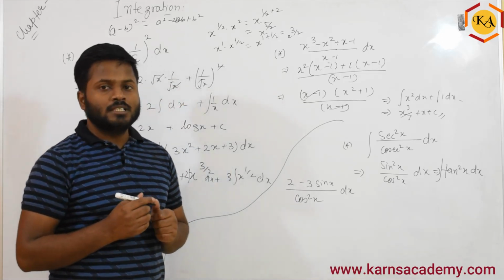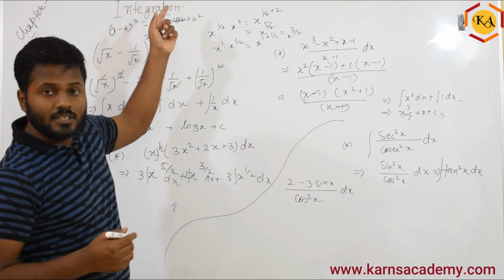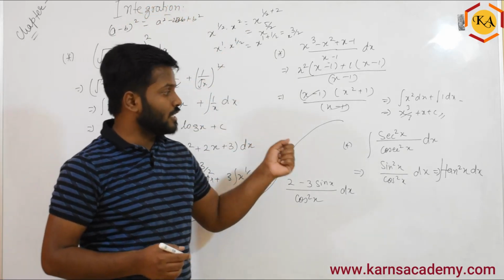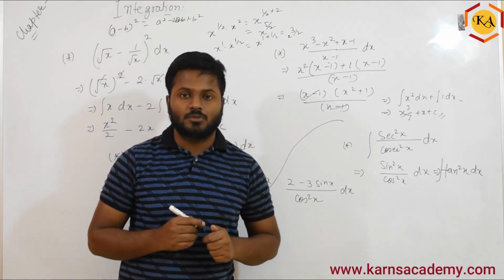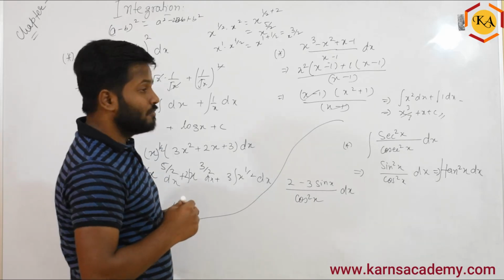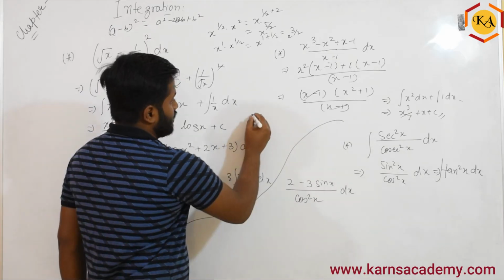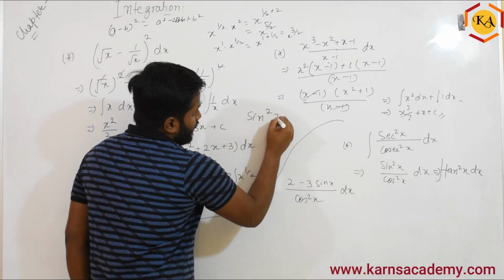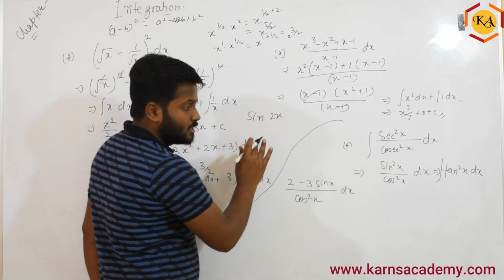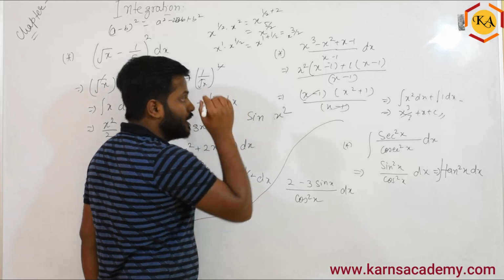Now few people will tell, sir, there also we didn't have an integration of sine 2x, but we did, and we write the differentiation on the bottom. Here also can we do that? No, we cannot do this also, because there it was a multiplication of angle. Remember, whenever a trigonometric function comes, sine square x is different, sine 2x is different, sine x square is different.